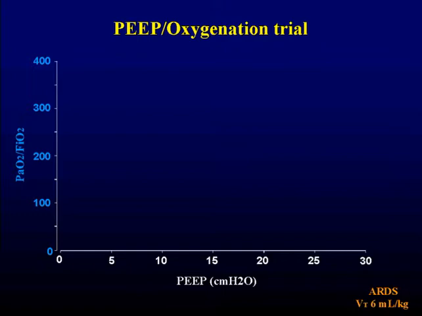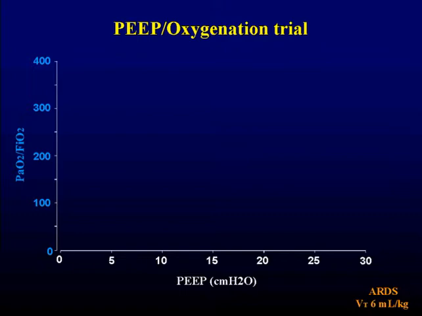So the importance of having a concept when applying PEEP can be illustrated in an example like this. The current approach to PEEP titration in the clinic is to look for the PEEP level that is achieving the best oxygenation with the lowest possible FiO2.